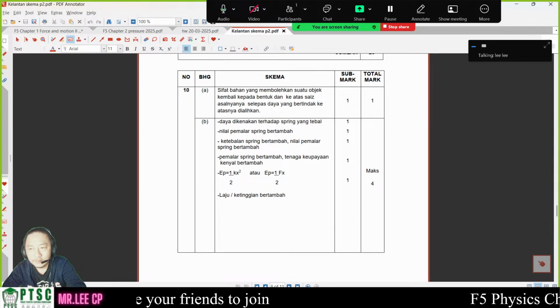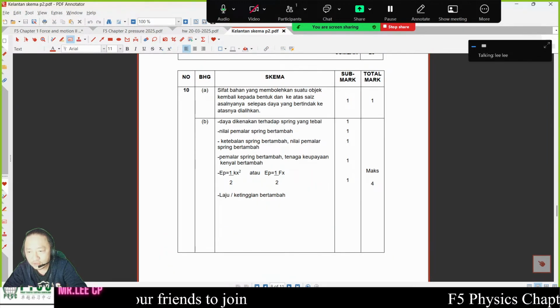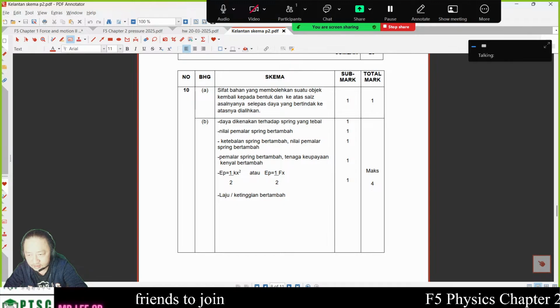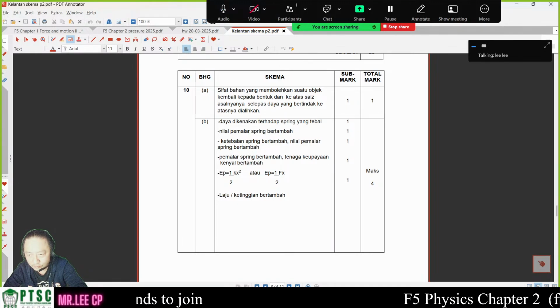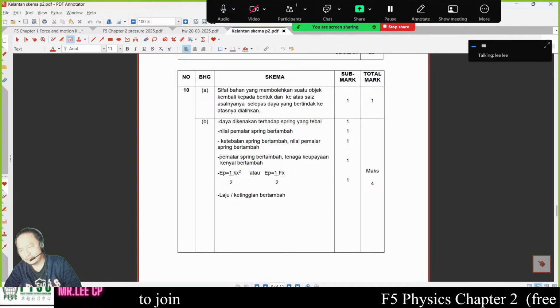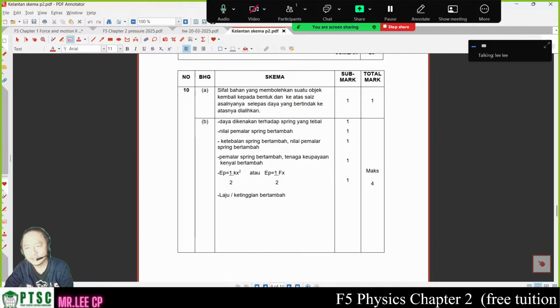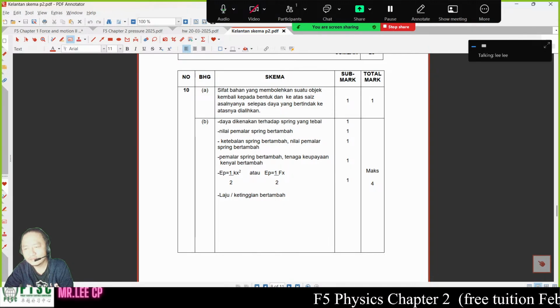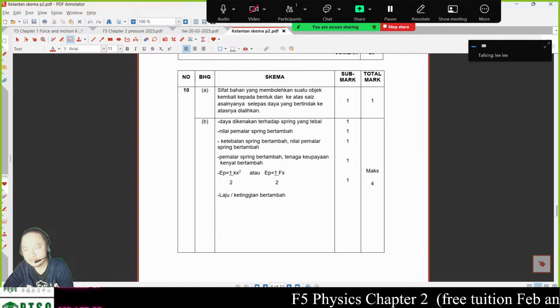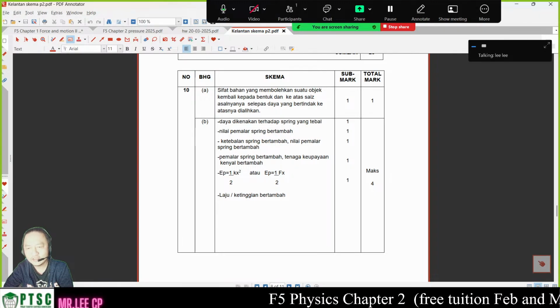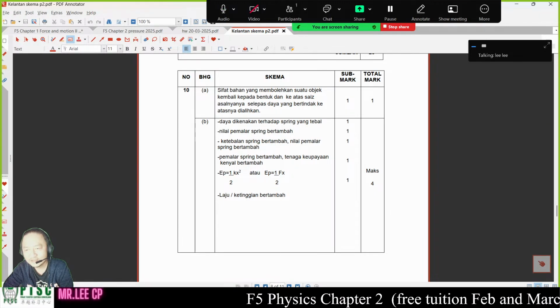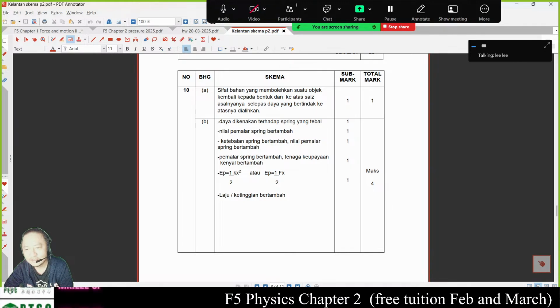When nilai pemalar bertambah, yeah, correct. Thicker spring, then higher spring constant. Yeah, these two are the same. Okay. So pemalar spring bertambah.